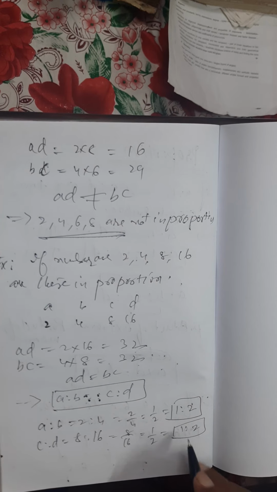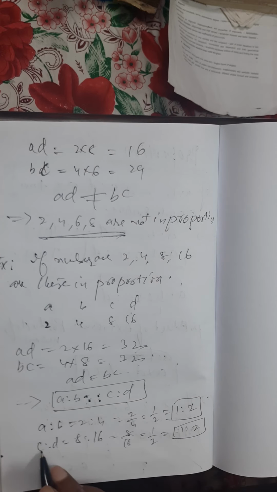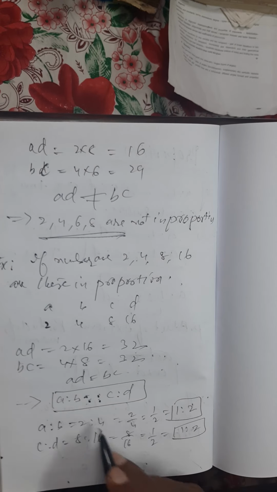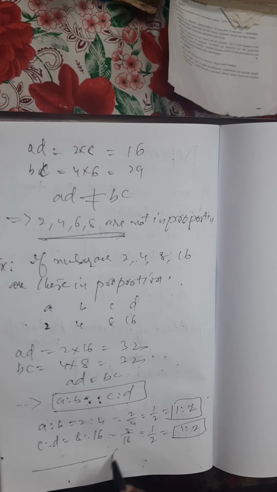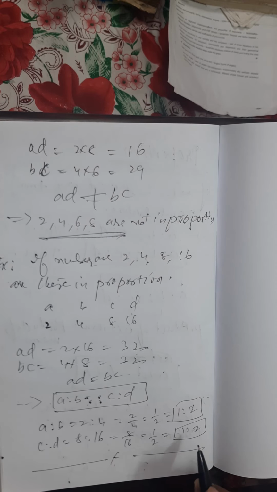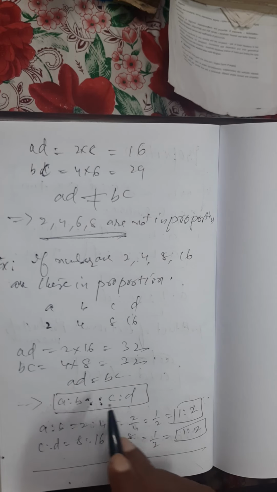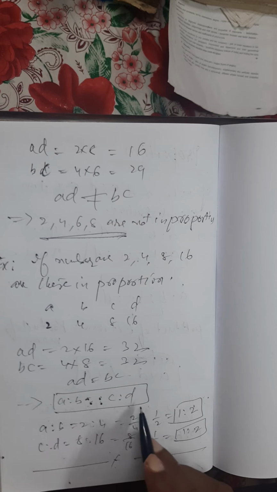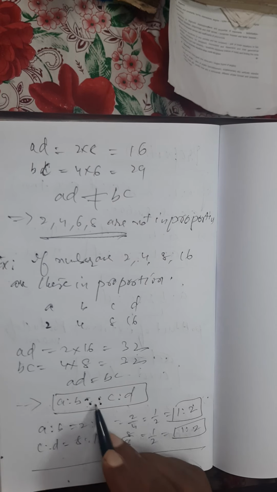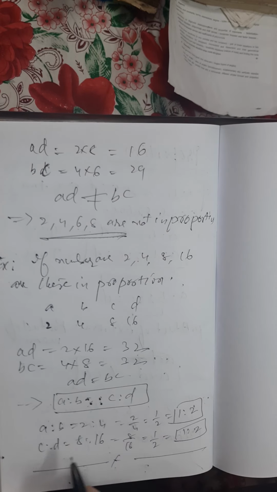The two ratios in simplest form are equal. That's why these four values are in proportion. This is the verification method. Whenever A is to B equals C is to D, we can say the four values are in proportion. So like this we can solve the problems.